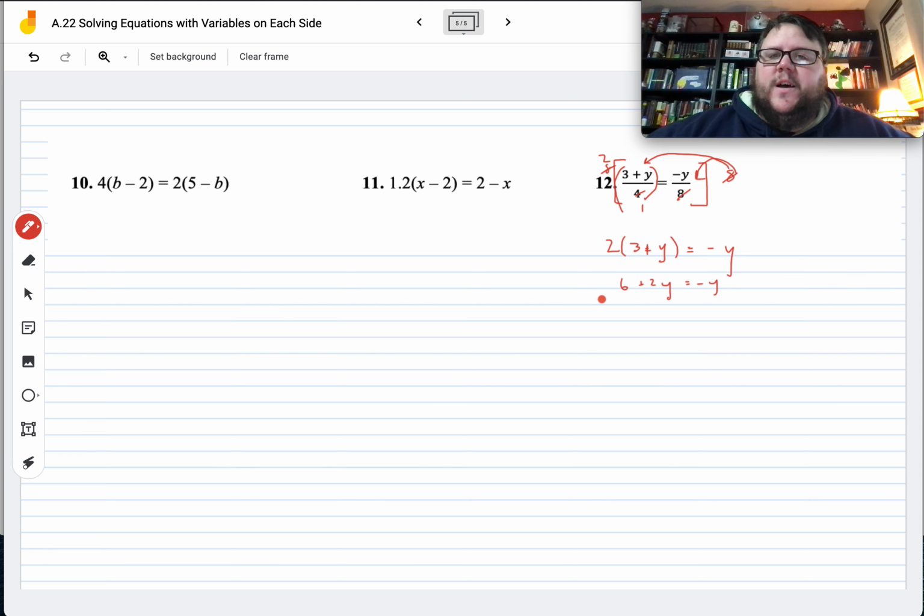Normally I would move the smaller y, but since y is isolated on the right hand side, I'm going to just go ahead and move my 2y. So subtract 2y from both sides. I get 6 equals negative 3y. Divide by negative 3. And y equals negative 2.